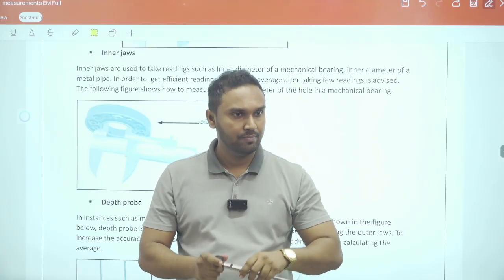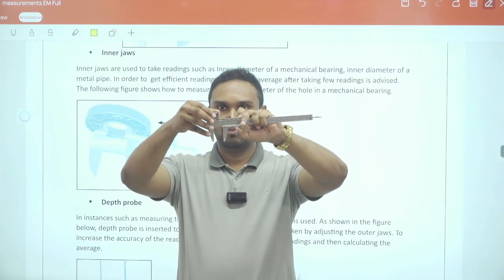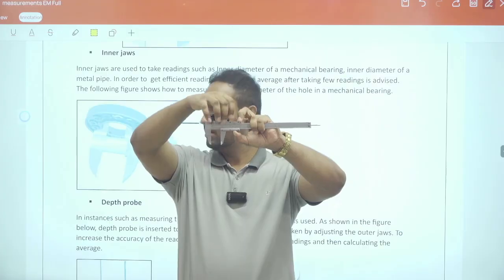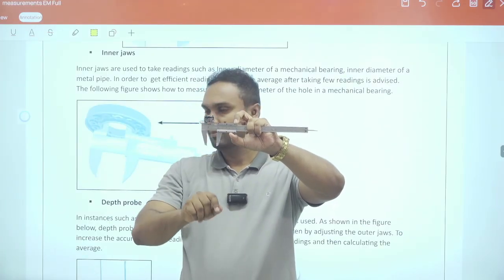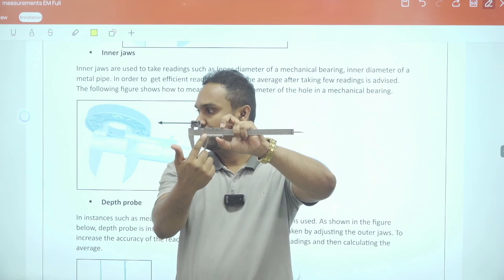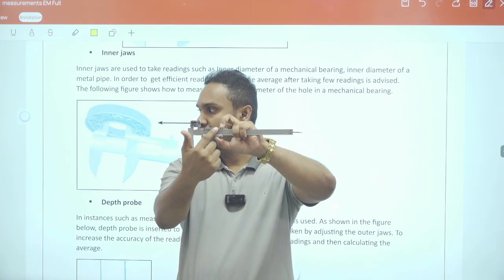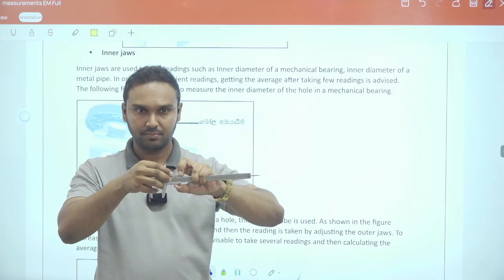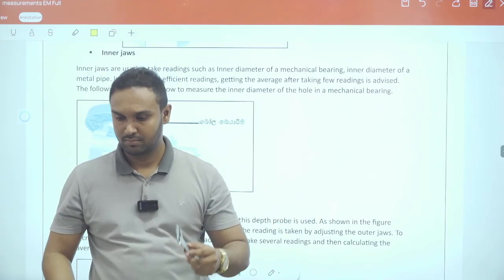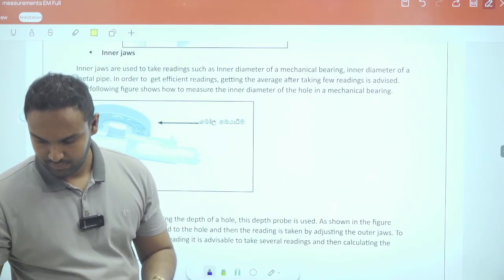Got it? You lock here, then you lock the lock screw here, then you take the measurement using the vernier and the main scale.